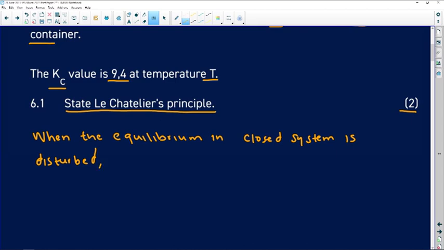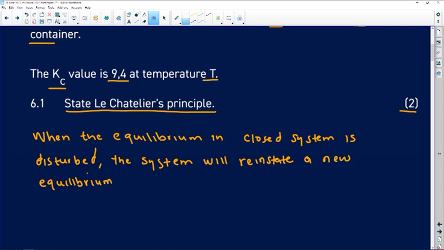The system will reinstate a new equilibrium.